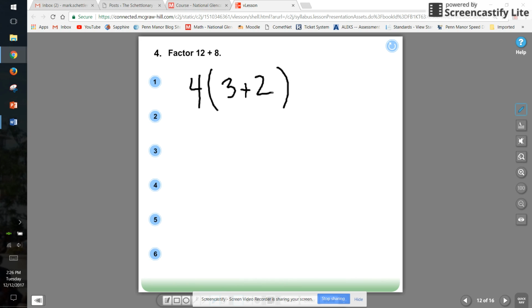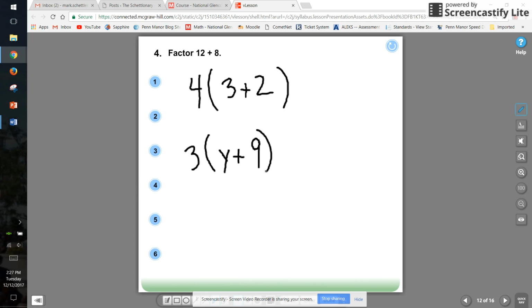That's how it works. Let me do one more algebraic distributive property. What if I said something like, all right, what if I have 3 times, in parentheses, y plus 9?